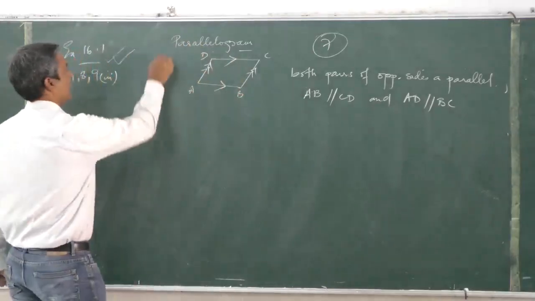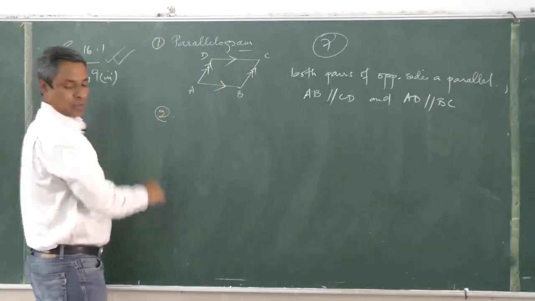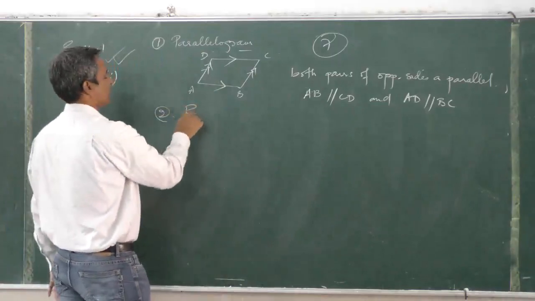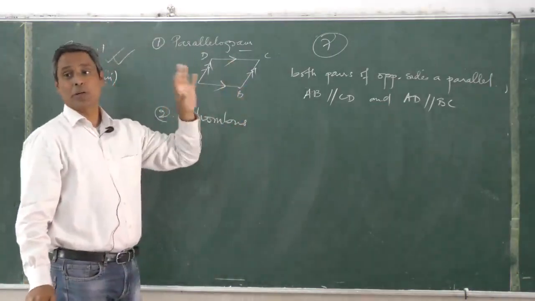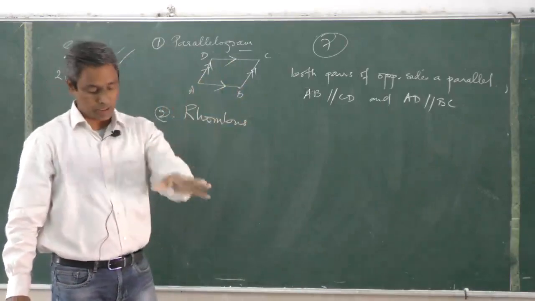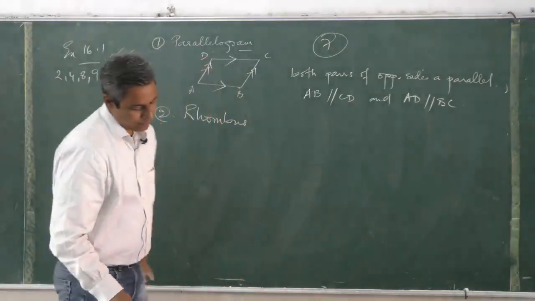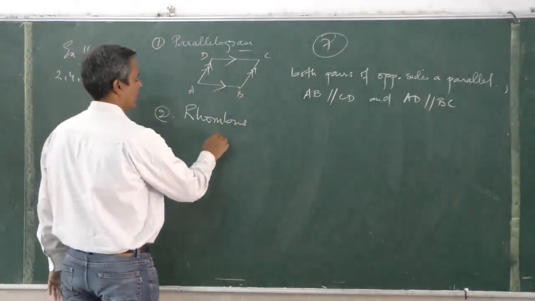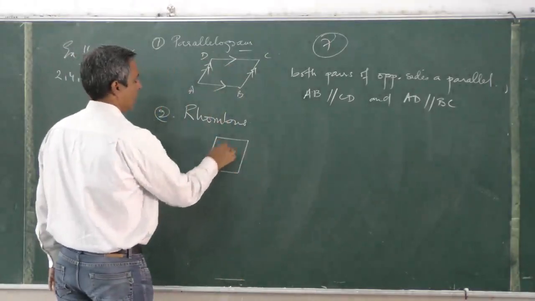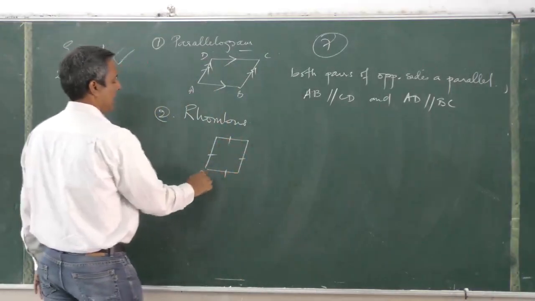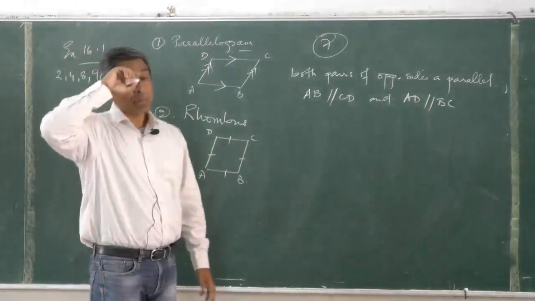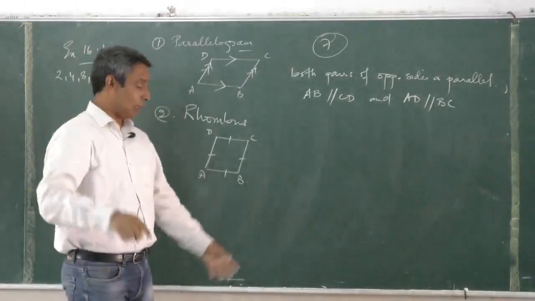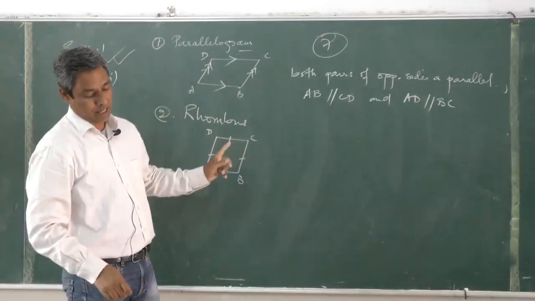That's a parallelogram. Next, we have rhombus. I am covering the basic properties only. Then we'll go into detail. Rhombus. A rhombus can be said to carry the property of a parallelogram, but all four sides are equal.